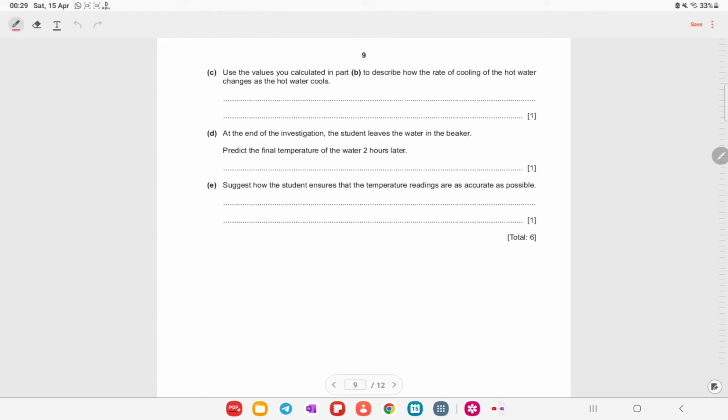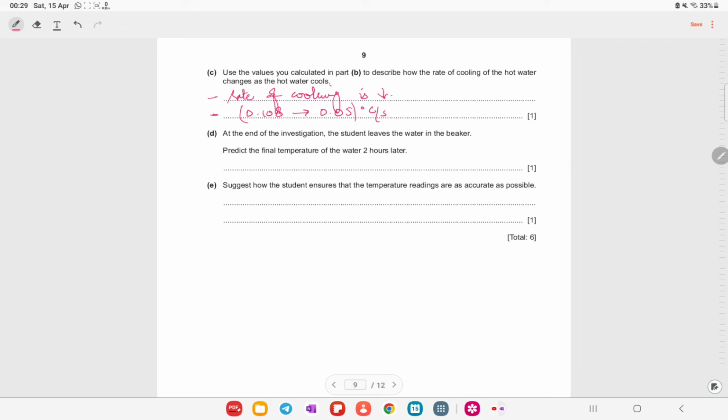Moving to the next question, it states: use the values you calculated in part B to describe how the rate of cooling of the hot water changes as the hot water cools. Obviously, the rate of cooling has dropped, because the values went from 0.108 to 0.05 degrees Celsius per second. Both have the same units.